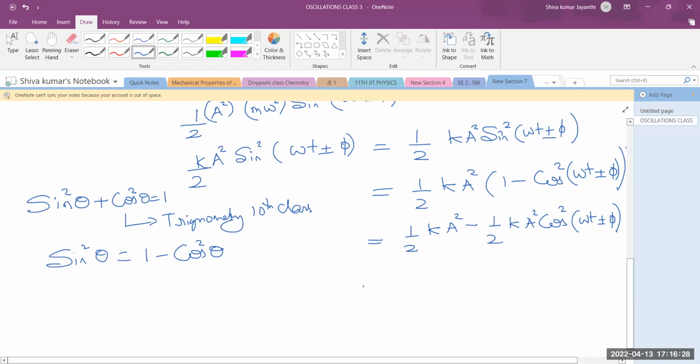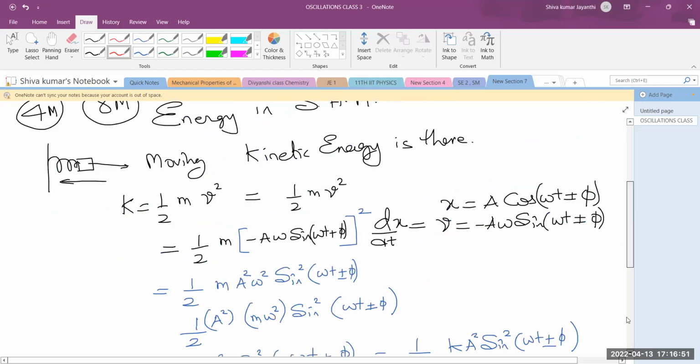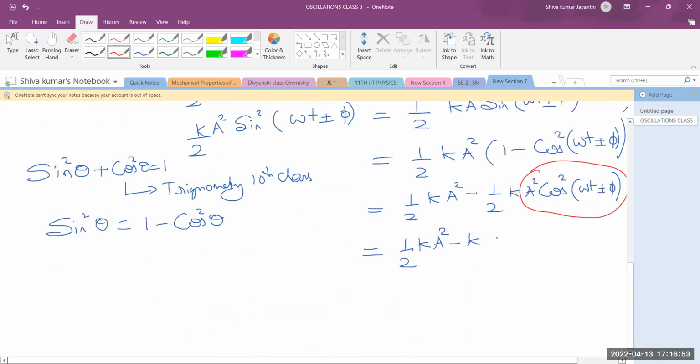So this is the same as k times, this whole thing you observe, is nothing but x square. A square cos square is nothing but x square, is it or not? Understood that? Yes, sir.